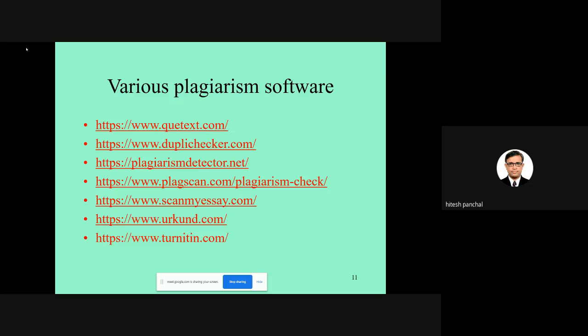So understand very clearly that the first 5 are easily available, but do not try to put your sentences or text in them. Otherwise, if you put the same sentence into another checking software, it will be flagged as plagiarized. That is why always use Turnitin, Urkund and other good software.